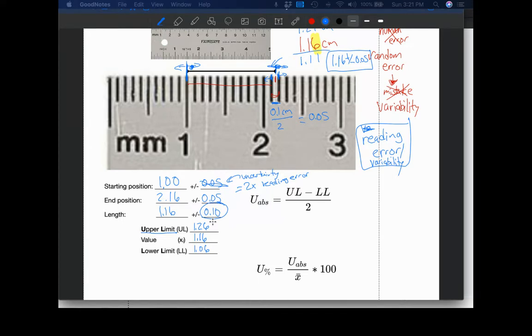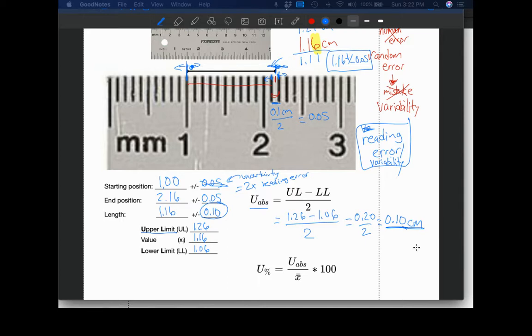That leads us to the concept of absolute uncertainty. So we have a value of 1.26 all the way down to 1.06. If we take those two, we get 0.20 over 2, and that absolute uncertainty is plus or minus 0.10. So that's the absolute uncertainty. It's 0.10 centimeters.